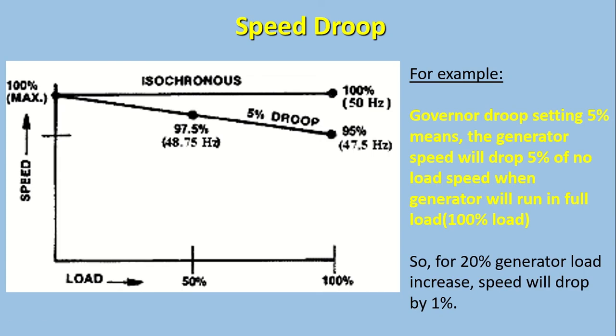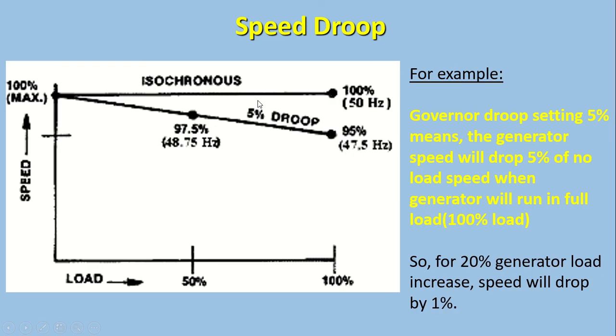But for the speed droop setting, as the engine load increases, the speed decreases. At last, when the load is 100%, the engine speed is 95%. So the engine speed drops about 5%. That's why this generator speed droop is 5%, the difference between the full load speed and no load speed.